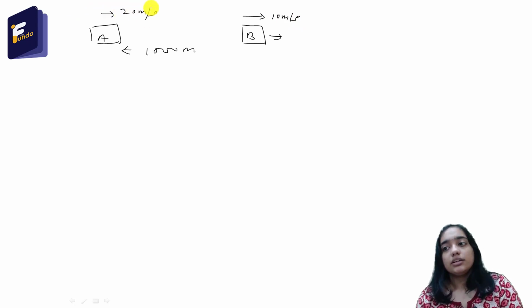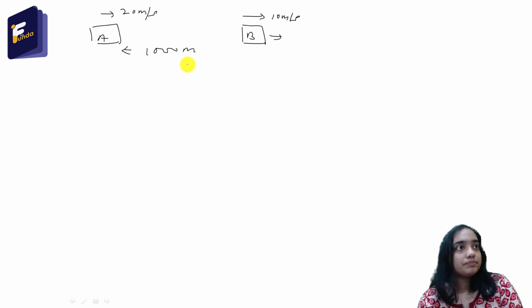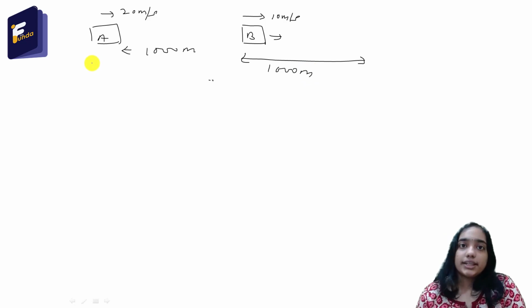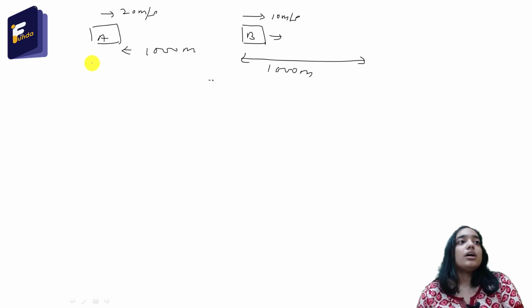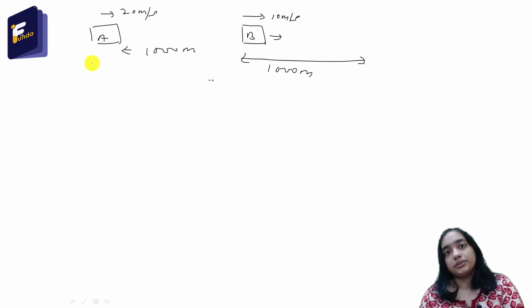Now we are seeing what happens after 100 seconds. After 100 seconds, B must have moved 100 into 10, that is 1000 meters. After 100 seconds, A must have moved 100 into 20, that is 2000 meters.